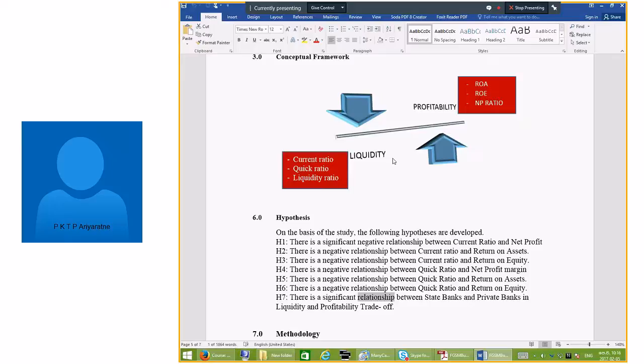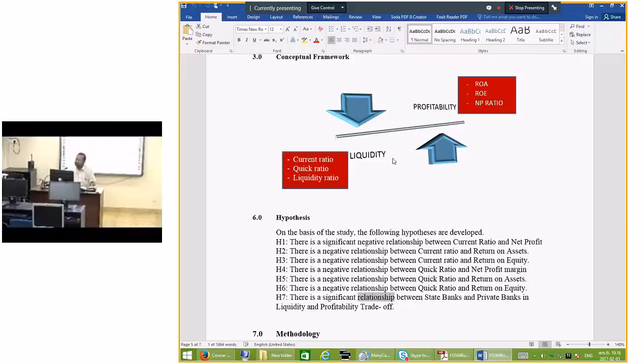Apart from that, I'll also take correlation and regression analysis. You have three dependent variables. Which one do you take? You ignore that ROE and NP ratio.